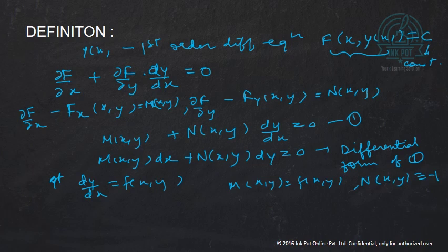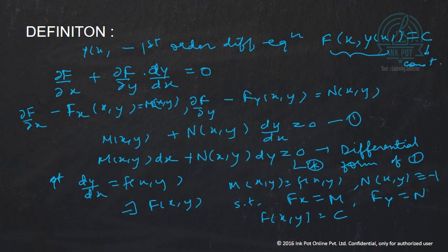The above discussion shows that if there exists a function f(x, y) such that the partial derivative of f with respect to x is M and the partial derivative of f with respect to y is N, then the equation f(x, y) = c implicitly defines a general solution of the equation given by star.